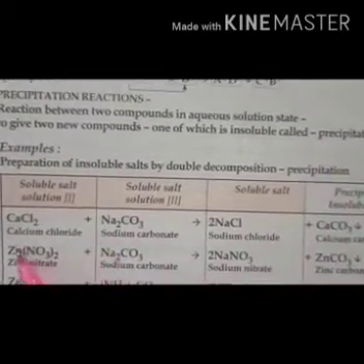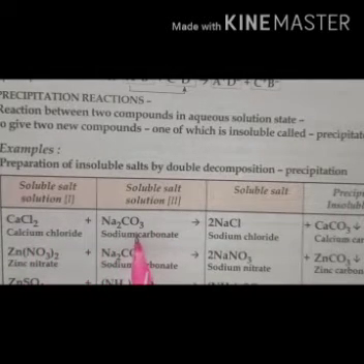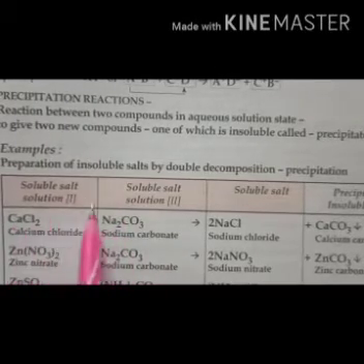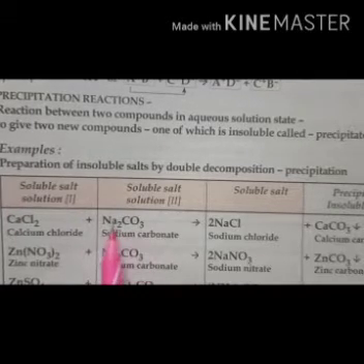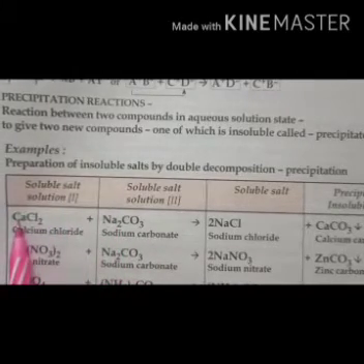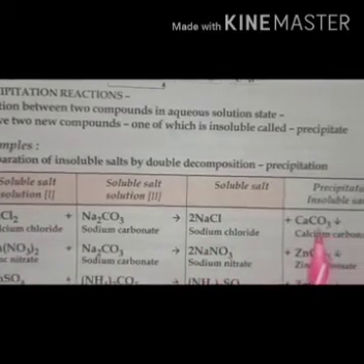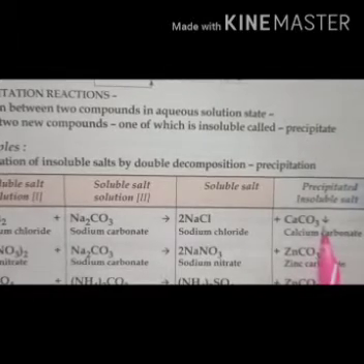For example, calcium chloride when reacting with sodium carbonate, both break down, and calcium comes in place of sodium. So what is formed? Calcium carbonate, and sodium comes in place of calcium and forms sodium chloride. Sodium chloride and calcium carbonate are formed, and you get a white precipitate of calcium carbonate.